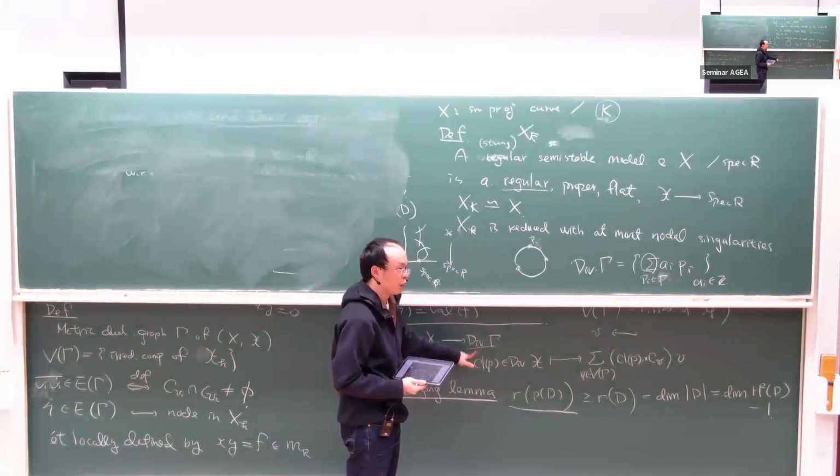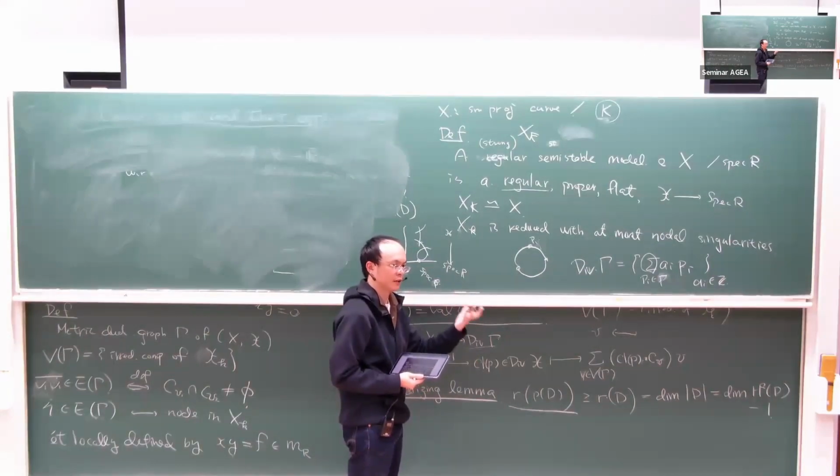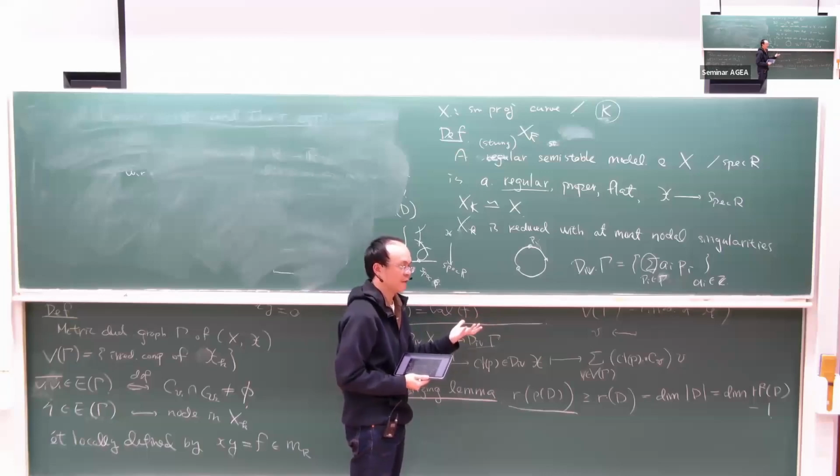But to define linear equivalence on this divisor group, we need the metric, because it is given by a piecewise linear function with integral slope, and you take the divisor associated to this function. Without a metric, you cannot define the slope.